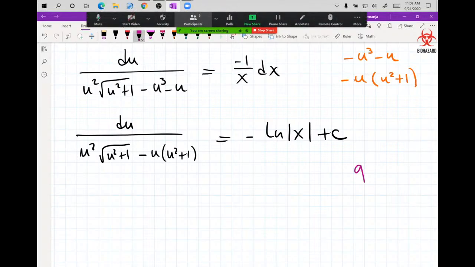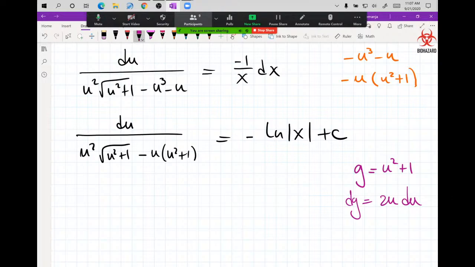If g is equal to u squared plus 1, I mean, there is rationalizing. There are like 1,000 things that we can do. Well, not 1,000, but you know. Let's see what dg is going to give us. That's 2u du. So I need u on top.